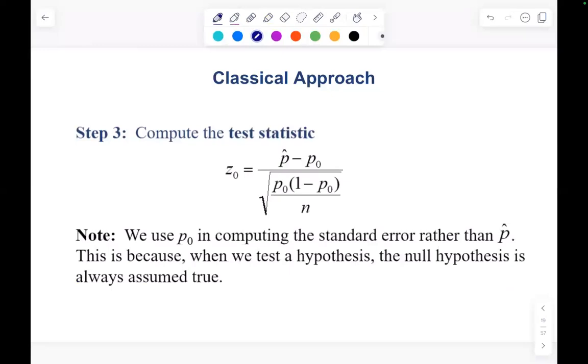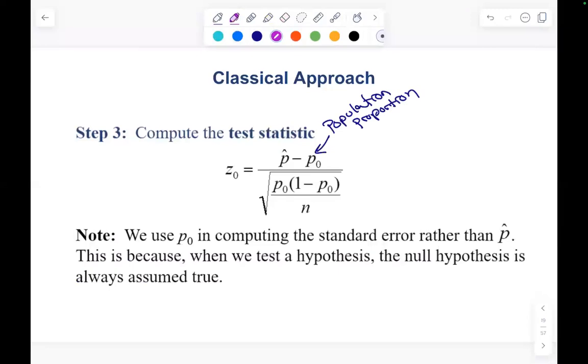So you take your p hat, you subtract p naught, which is just your population proportion, divided by the new standard deviation. You're essentially calculating a z-score. This is the test statistic.